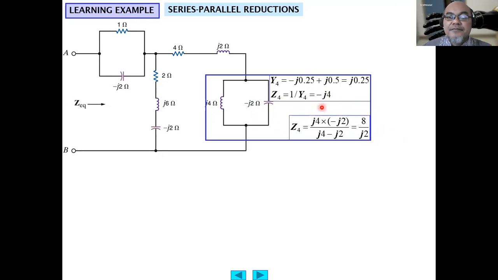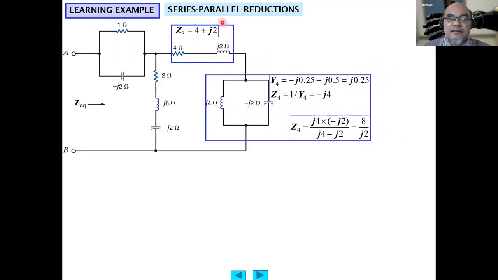Alternatively, we can use the admittance formula: minus J 0.25 plus J 0.5, and we obtain J 0.25. From here, we calculate the impedance by inverting it. So Z4 equals 1 over Y4, or minus J4.